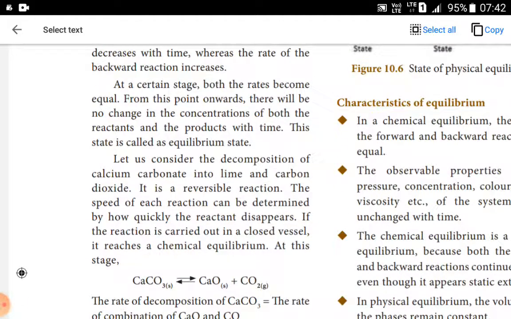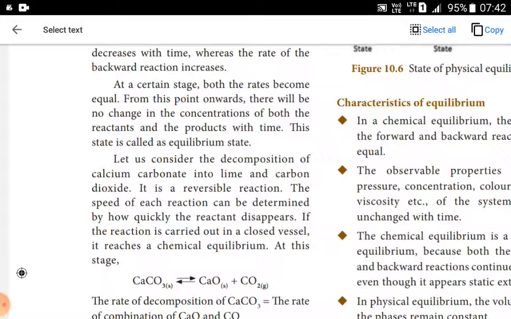Now consider the decomposition of calcium carbonate. Calcium carbonate is lime, found as marble chips, slaked lime and chalk, in different forms. On heating calcium carbonate, what takes place?